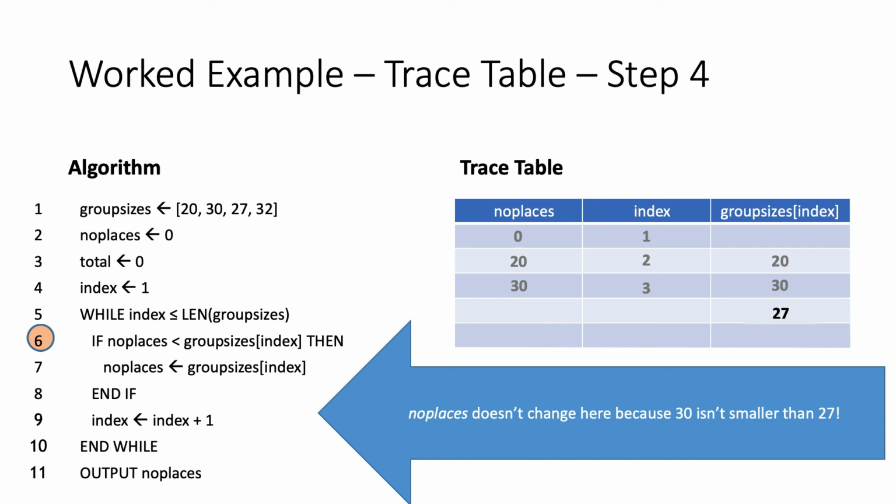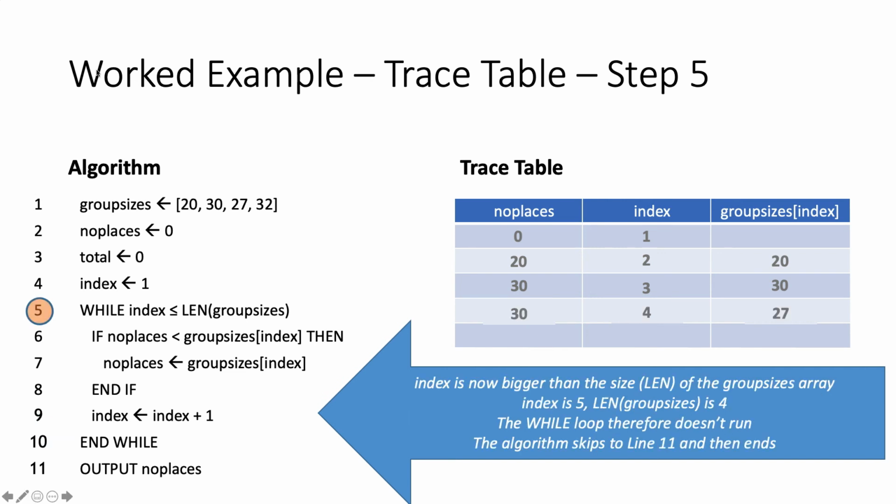Well, 30 isn't smaller than 27. So we're actually going to skip line 7 and go straight to line 8. No places stays as it is. Index goes up by 1. Get to the end while. Back up to the top of the while.